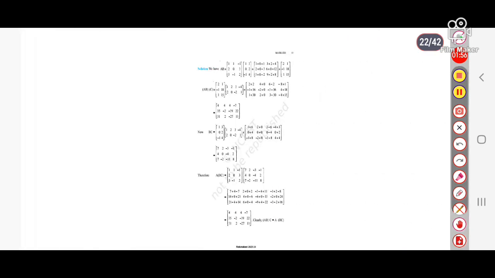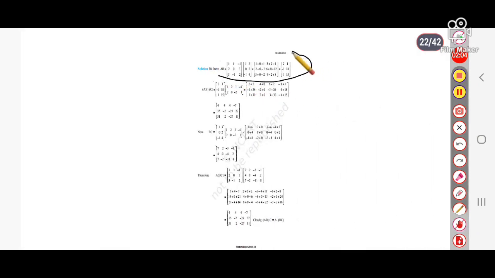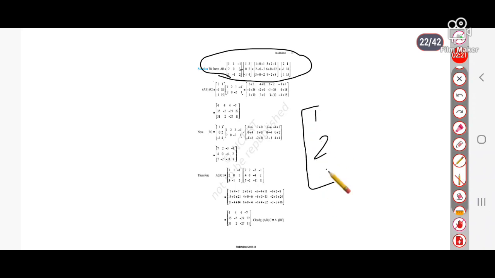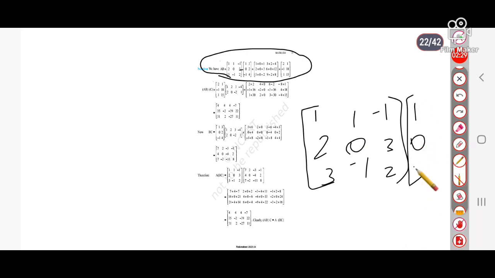At first they have found the value of AB over here. That's nothing but, again as I told you, multiplying rows with columns.